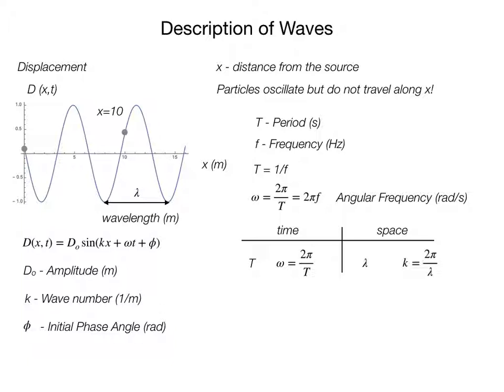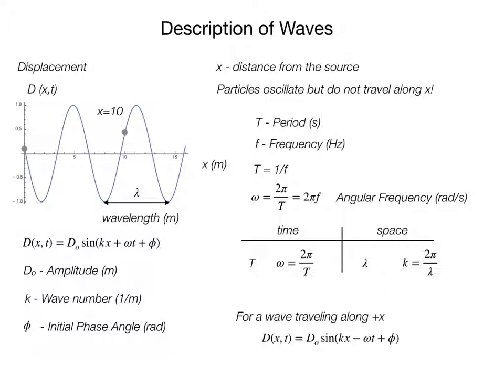In space, we can go down the crests or the troughs of a wave, and we see that if we go over a distance equal to the wavelength, we will see a particle moving in an identical manner. And so whatever omega serves in time, as omega is equal to 2 pi over T, the same function here is served by the wave number k, only in this case k is equal to 2 pi over the spatial period, if you wish to call it that, 2 pi over lambda.